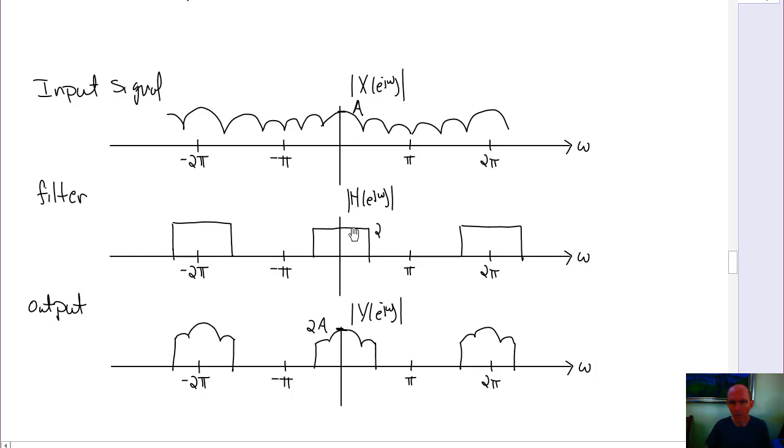So when we multiply them together, right between these two frequencies, the signal is going to pass through, multiplied by 2, in other words, it's going to get bigger. But outside of those frequencies, there's nothing going through the filter. And so we could think about this as a low-pass filter, where it lets frequencies close to 0 go by, but not frequencies close to pi.